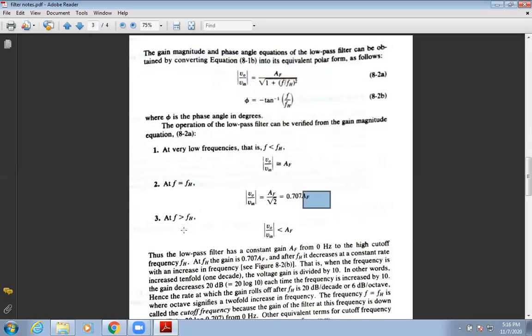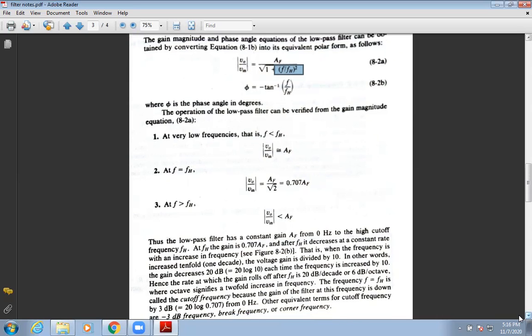After the high cutoff frequency, that is if the input frequency is greater than the high cutoff frequency, the gain is less than AF, because this factor increases after the high cutoff frequency, and the gain is always less than AF.